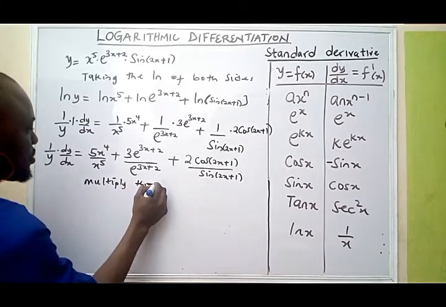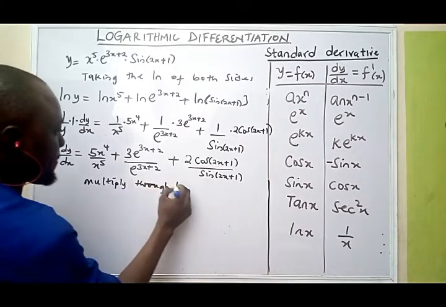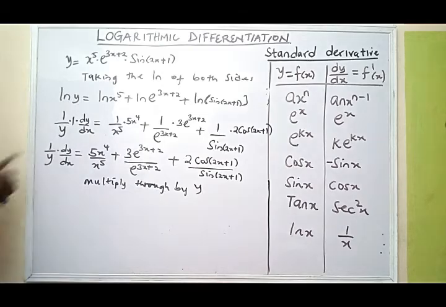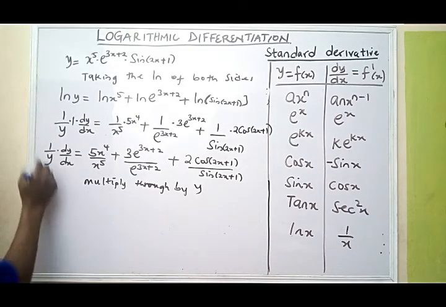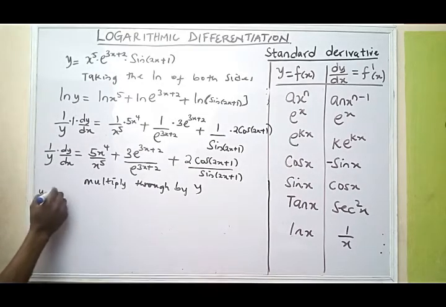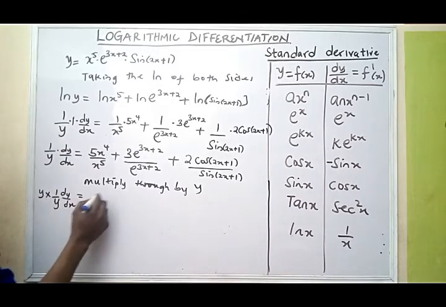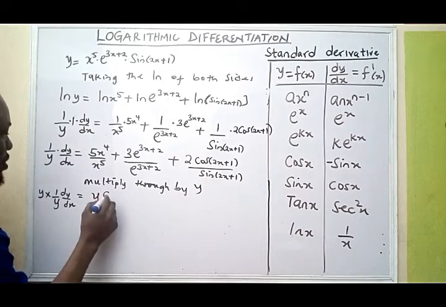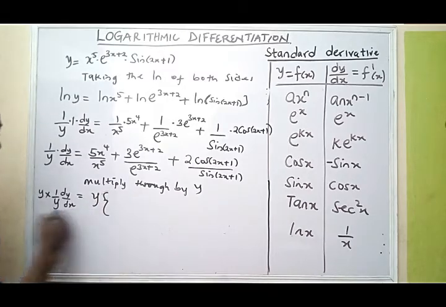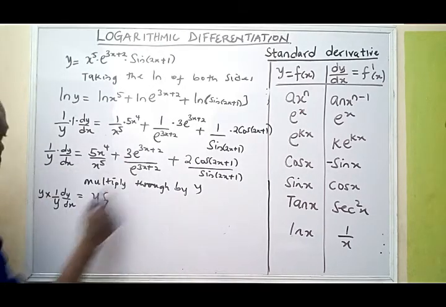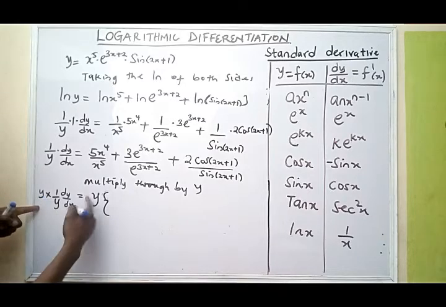Multiply through by y. Why am I doing that? I want to get rid of this, so y multiplied by 1 over y gives dy/dx. I'll do the same thing here: I multiply both sides of the equation by y. So I'm multiplying this side by y and that side by y.